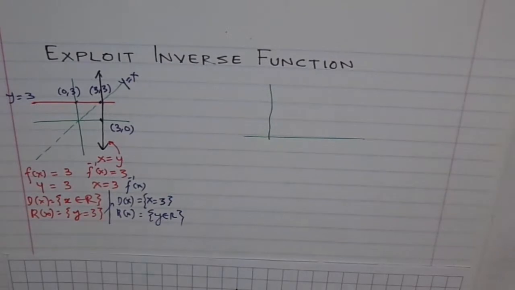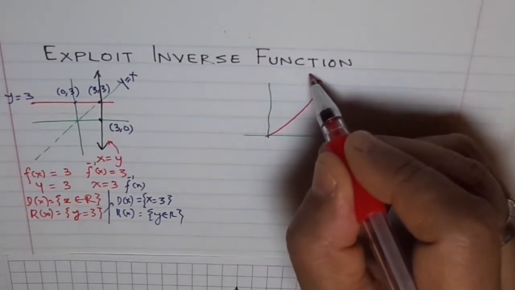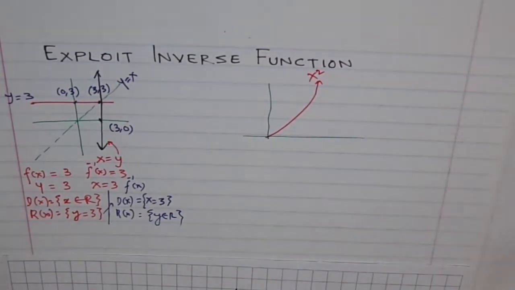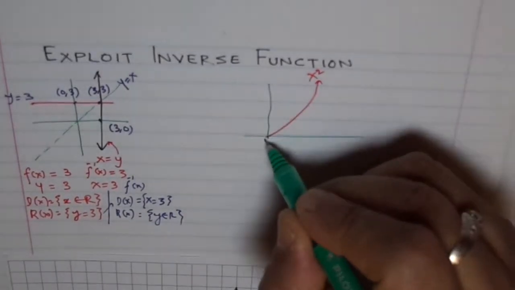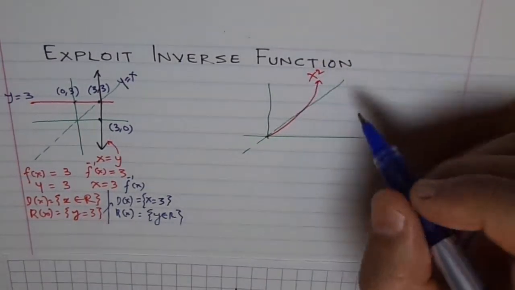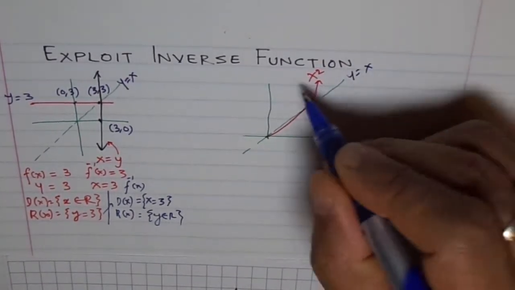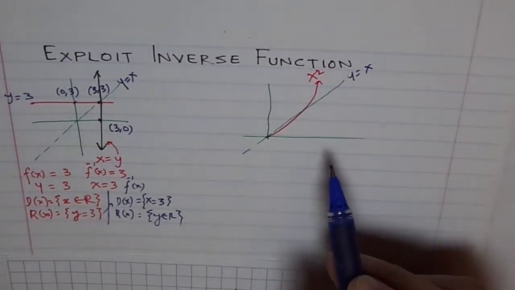This is y equals x squared. So let me draw in red all our functions, okay? So this is our x squared function, correct? Now, if I have to draw the inverse of this, we'll use the line y equals x.